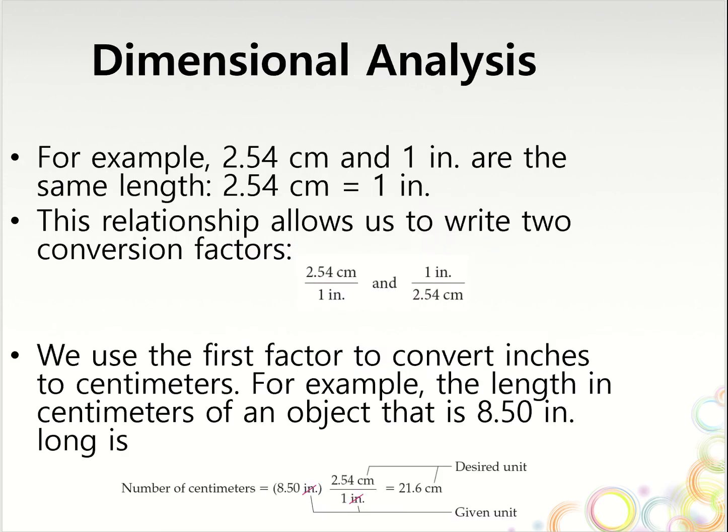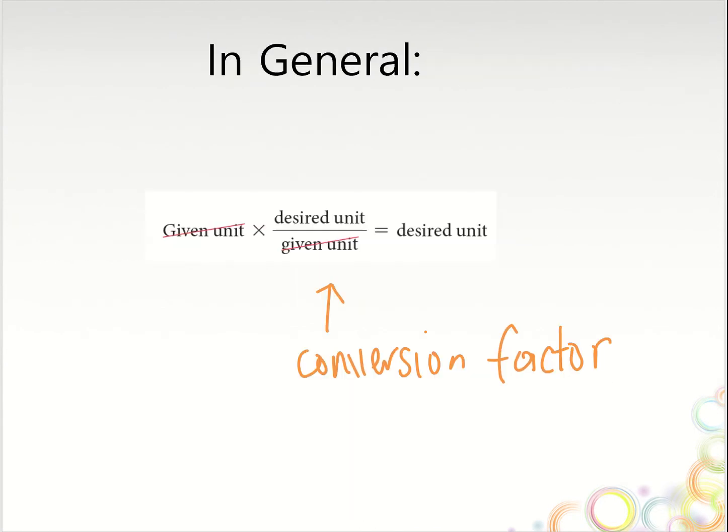So let's go back to what we were saying here. Just to repeat, this is our general formula: given unit multiplied by our desired unit divided by our given unit is equal to our desired unit.